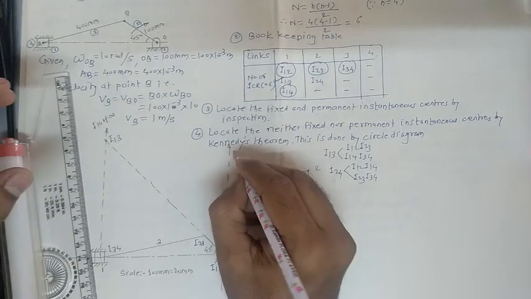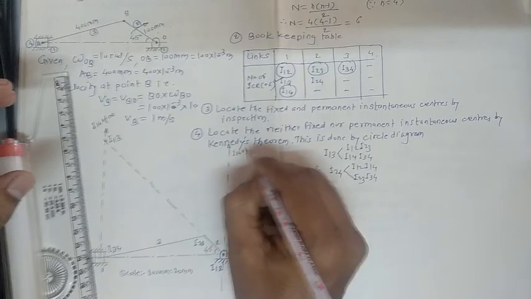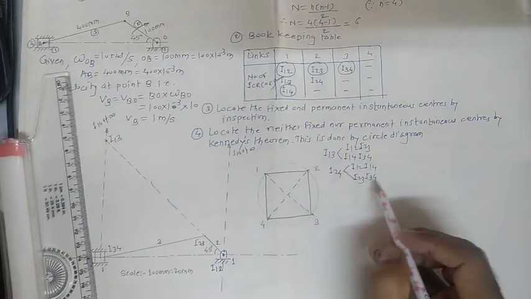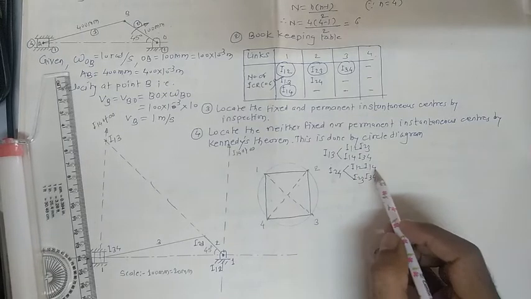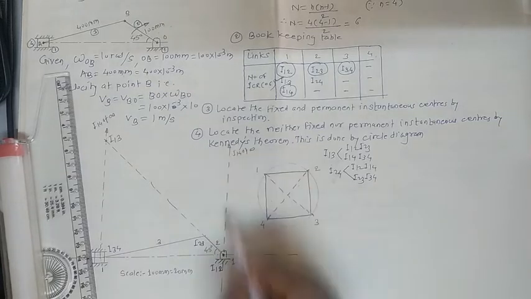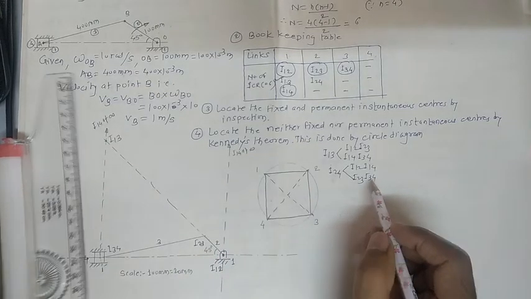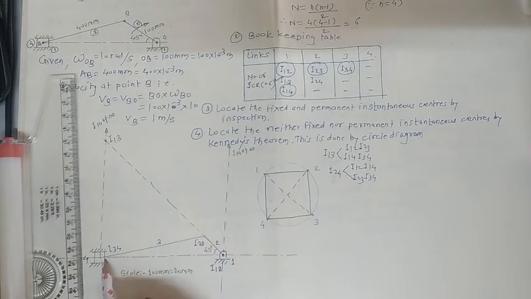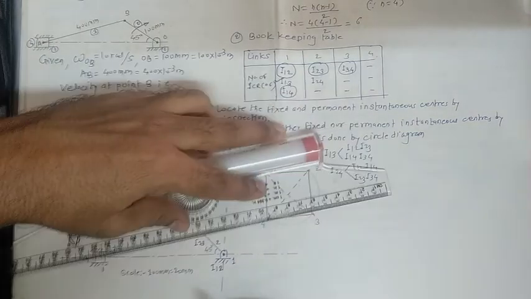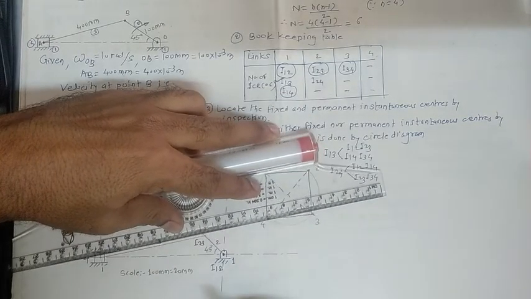So here also you have to give I14 at infinity. Now in this case, for I12 and 1 4, this point indicates I12 and this line indicates I14. Then 2 3 and 3 4: 2 3 is here, 3 4 is here. If I extend this line, the intersection of this one and this one occurs at this spot. So this is nothing but the last one, the 2 4 point.